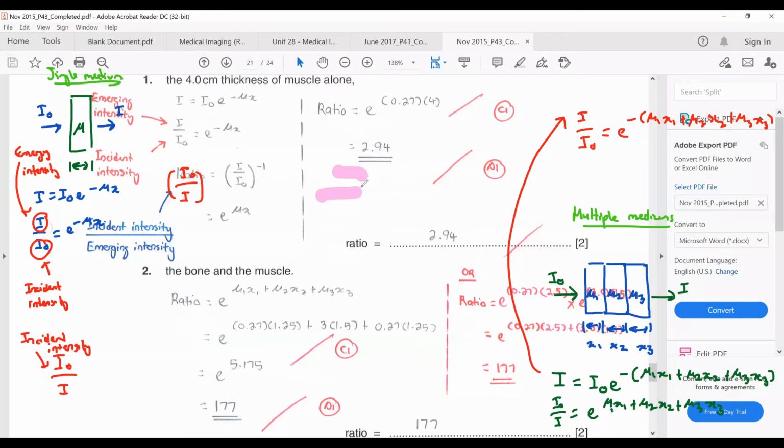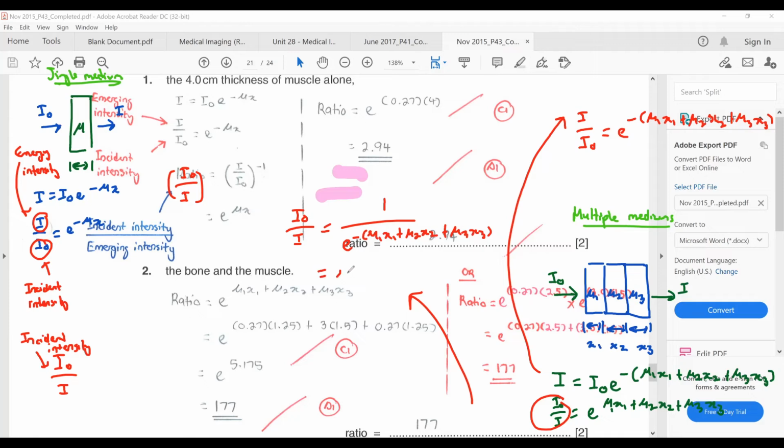If the question asks me to give I naught over I, isn't this the same as 1 over e to the power of negative mu1 x1 plus mu2 x2 plus mu3 x3?